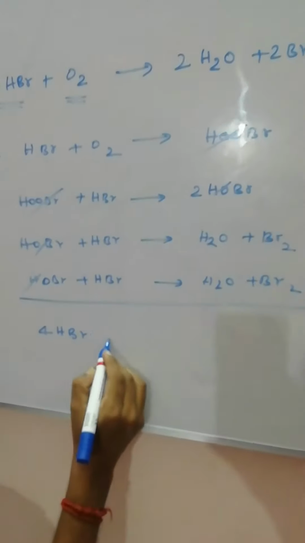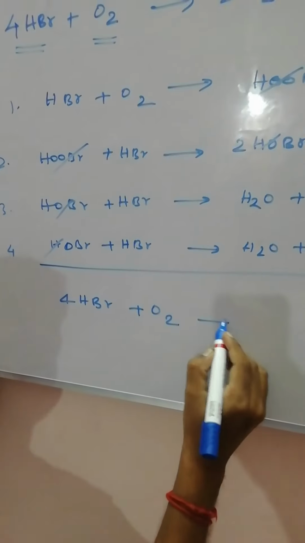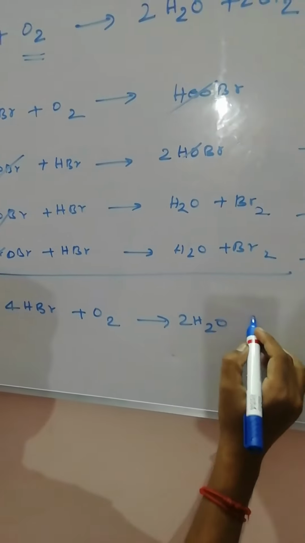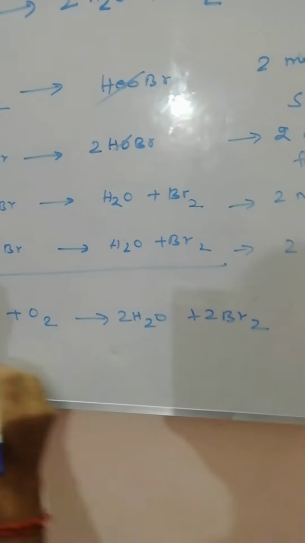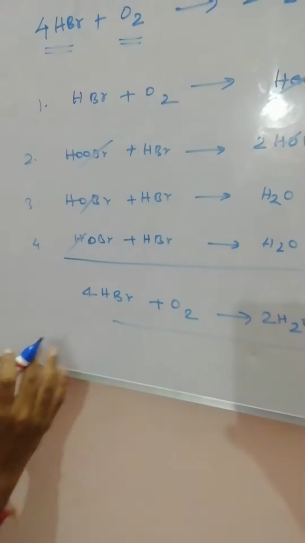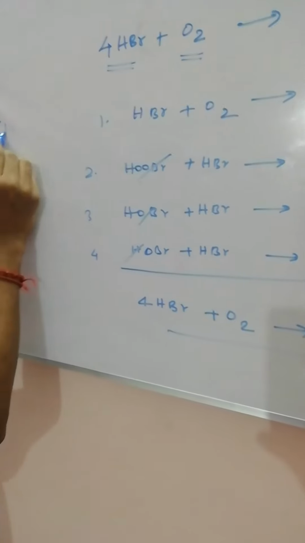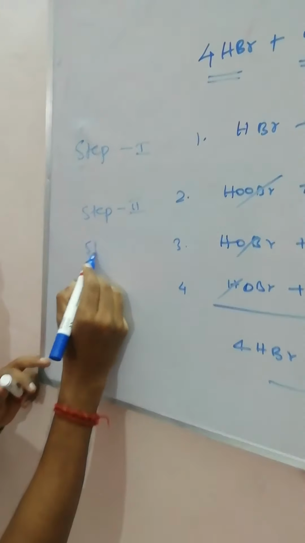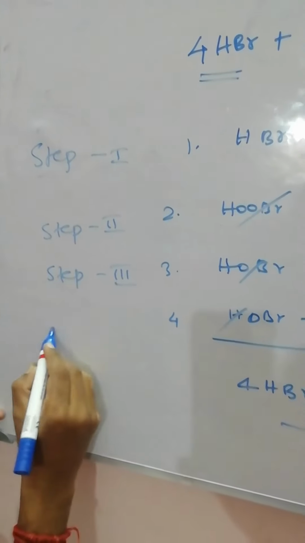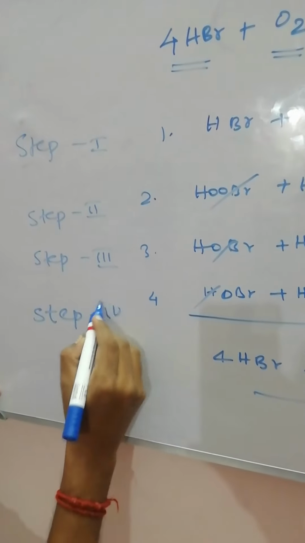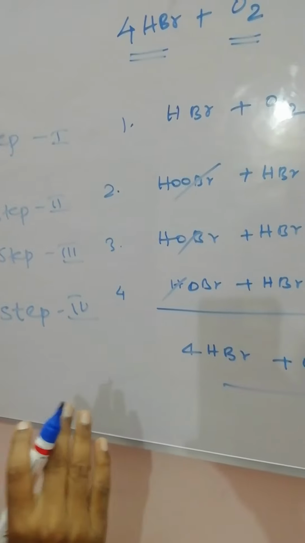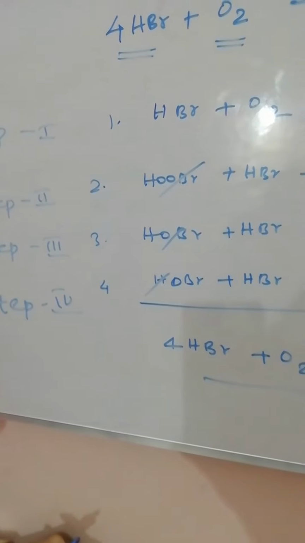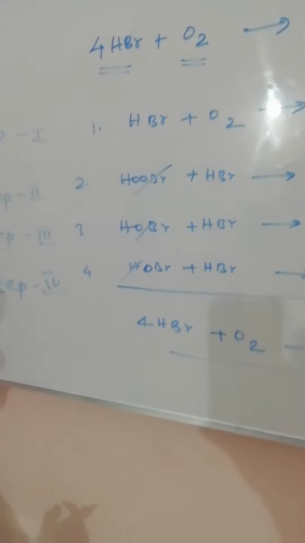4HBr plus O2 gives 2H2O plus 2Br2, right? This is the reaction. It follows step 1, step 2, step 3 and step 4. So it follows 4 steps. So this is the example for the molecularity of a complex reaction.